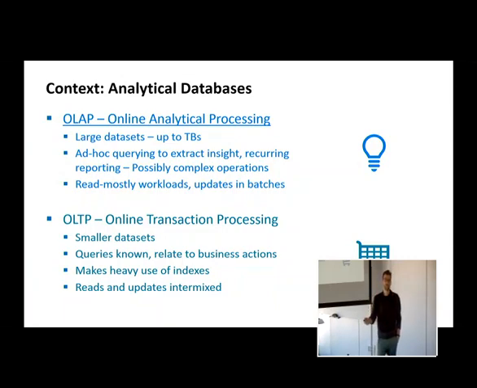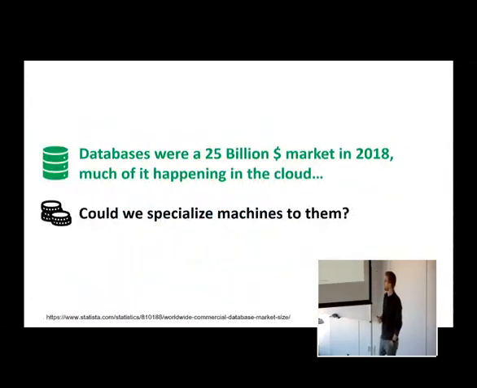So you have a lot of data. The data will be sitting either in main memory or on flash or disk, and it's being brought in at a large volume, and we're trying to execute some kind of compute-intensive query on it. If you look at databases, this has been a very large market. Some estimates say it was like $25 billion in 2018, and much of this is happening in the cloud.